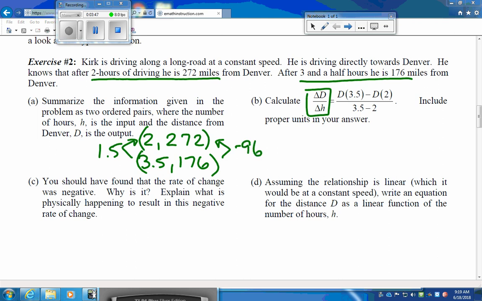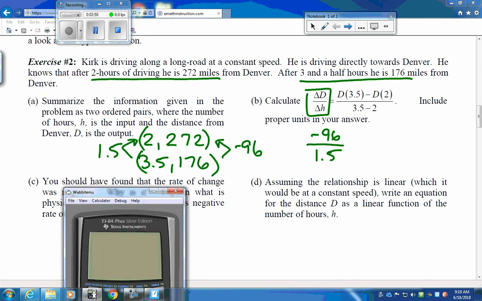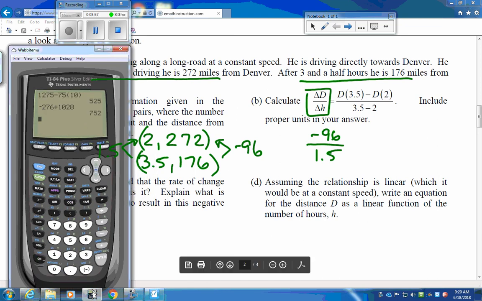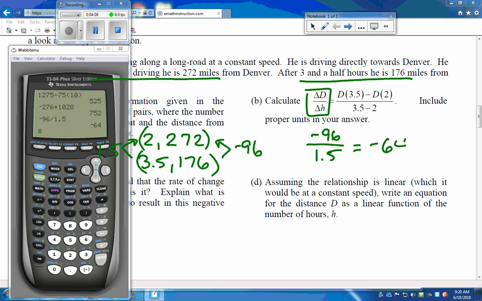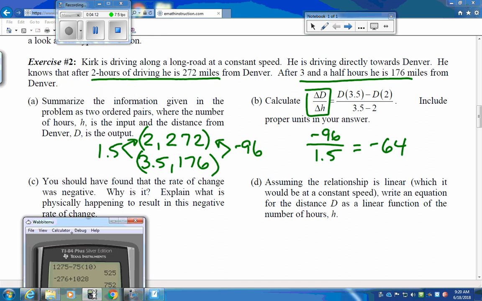So negative 96 divided by 1.5, and again, feel free to use your calculator. That gives us negative 64, which represents the slope for this question, the rate of change.